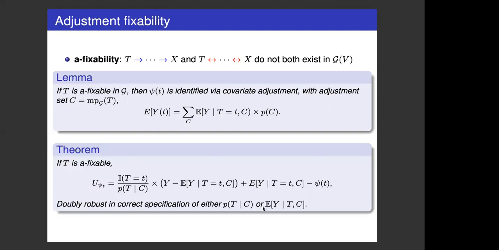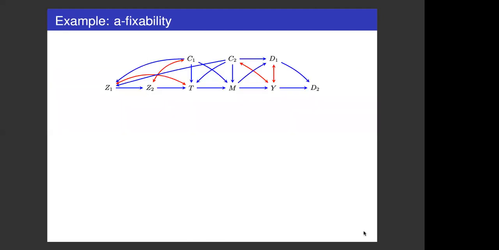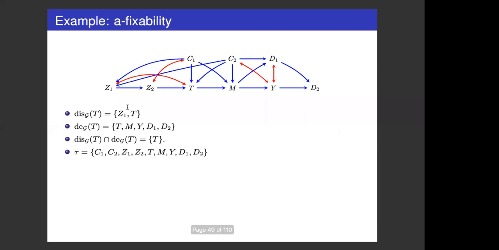All right. So as I said, adjustment fixability is a very simple but powerful criterion. Let's say we are interested in the effect of T on Y in this complicated looking ADMG. We immediately can see that treatment here is adjustment fixable. Why is that? Because the district of T is just Z1 and T, because this is the only thing that is bidirectedly connected to T. And the descendants of T are T, M, Y, D1, and D2.